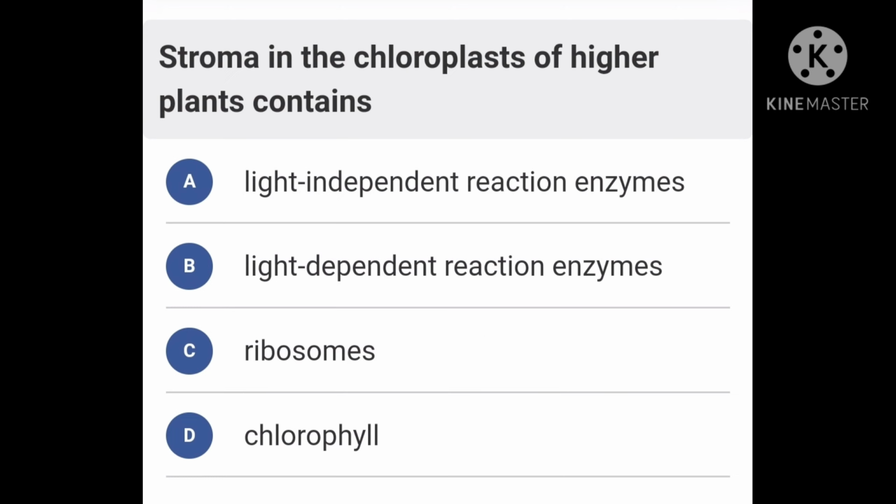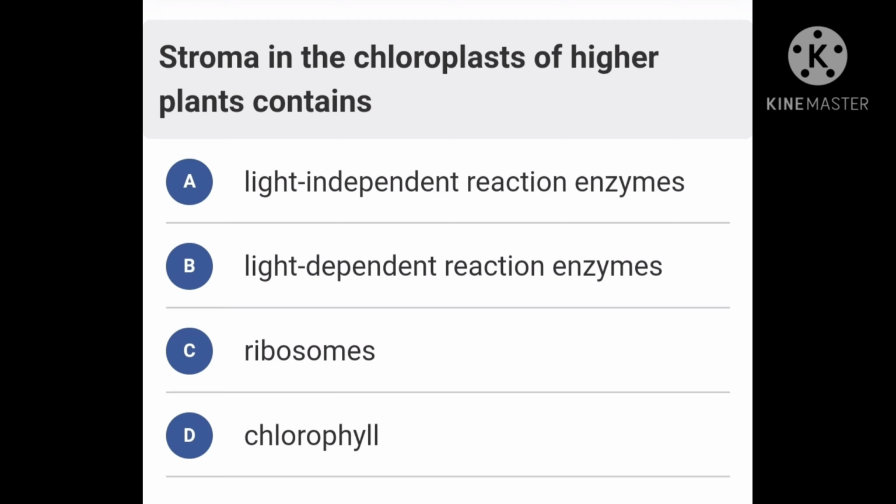Okay, next question. Stroma in the chloroplast of higher plants contains, option A, light independent reaction enzymes, option B, light dependent reaction enzymes, option C, ribosomes, option D, chlorophyll. Photosynthesis occurs in two phases, light dependent reactions and the light independent reactions.